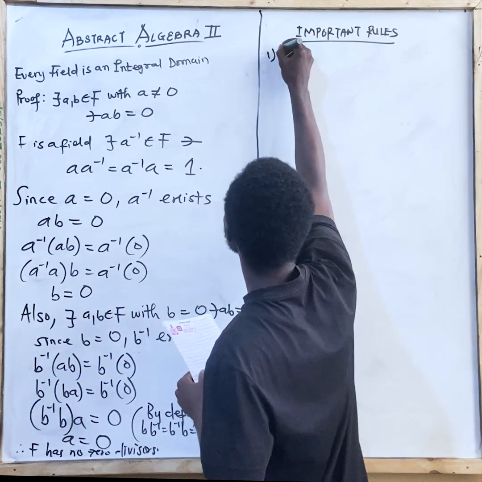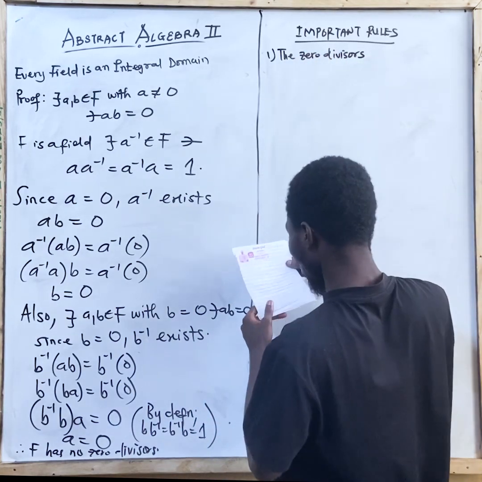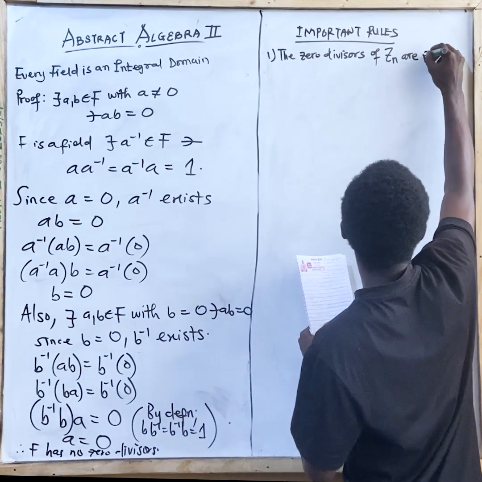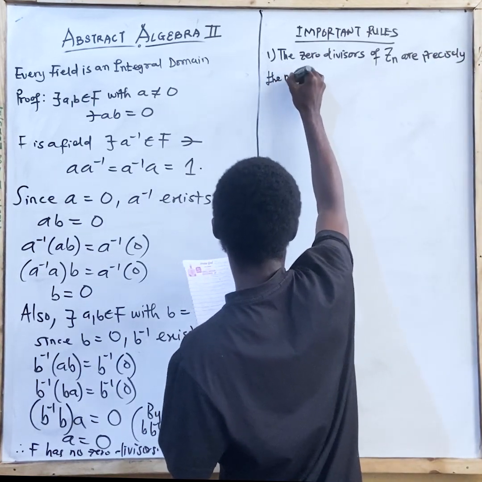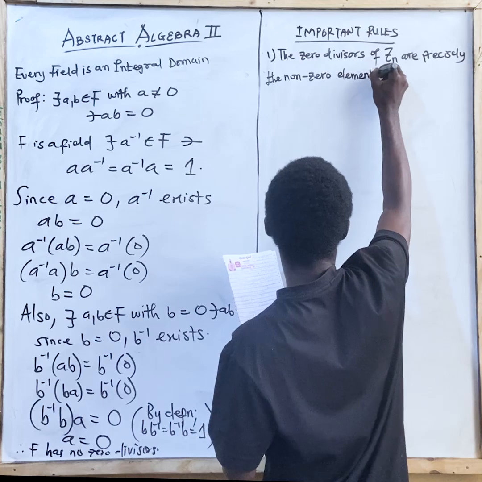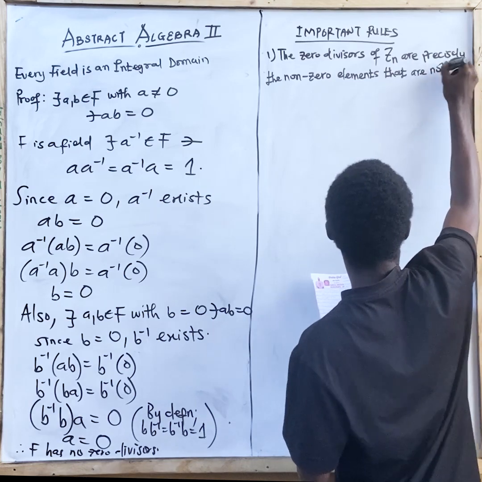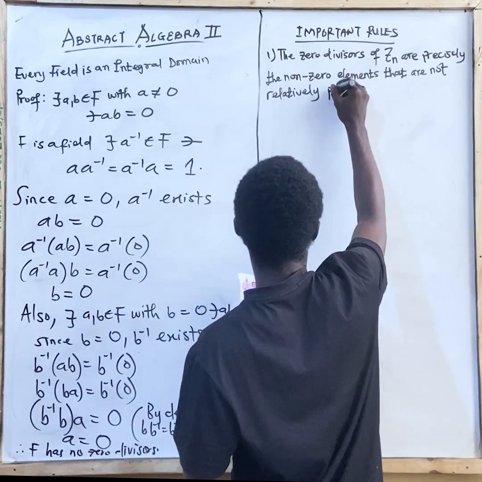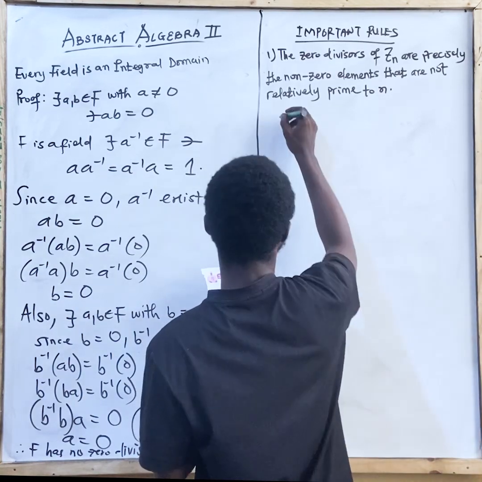So the first one is that the zero divisors of Zn are precisely the non-zero elements that are not relatively prime to n.